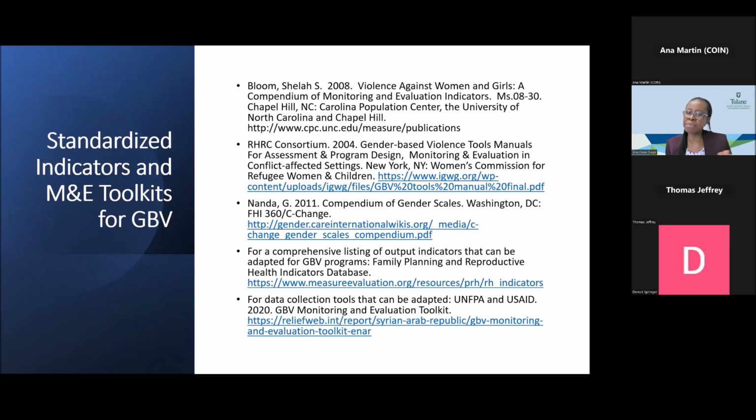And so you can have some sense of what indicators have been developed by others and accepted throughout the family planning and reproductive health community, and then you can adapt them for your own use. We also have the UNFPA and USAID GBV monitoring and evaluation toolkits. All of these are available freely on the web.